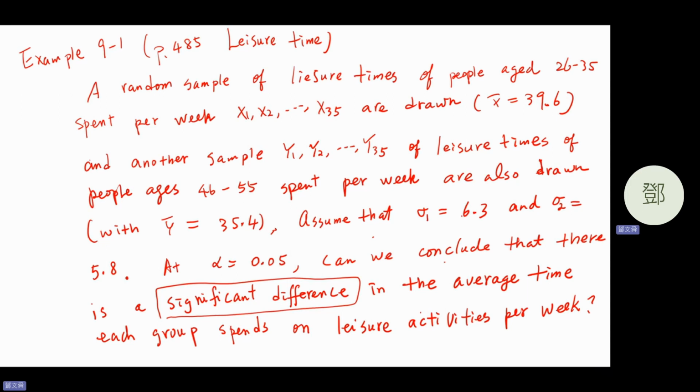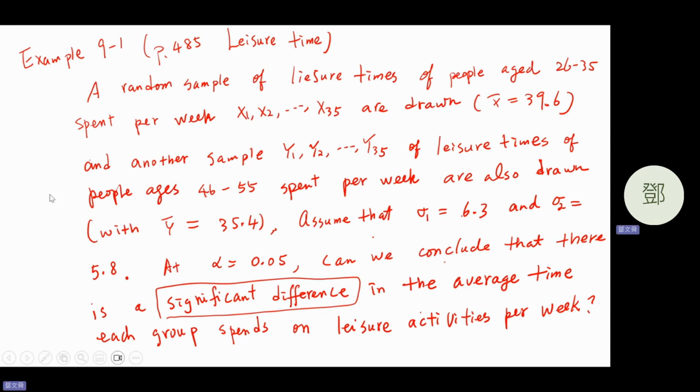He does not want you to compare which one is bigger and which one is smaller. So all you care about is the difference. So the null hypothesis is equal and the alternative hypothesis is not equal. Okay, so this is what? This is the two-tailed test. Right, two-tailed test. Okay.